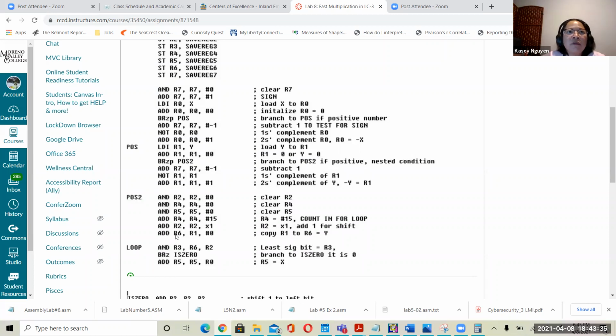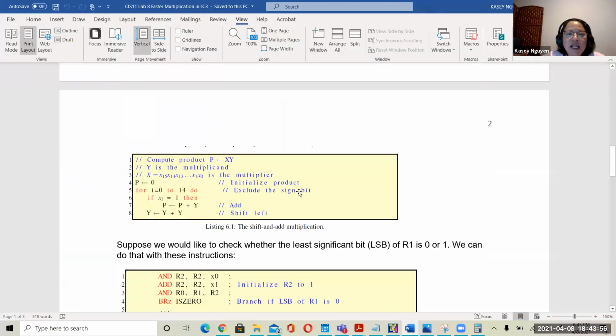Because I don't want to overwrite the value, just like what I did last week. So when I add a 0 here, it's a copy register. Okay, any question with this? Okay, again, pos 2 represents this part. Then we still have to nest it.